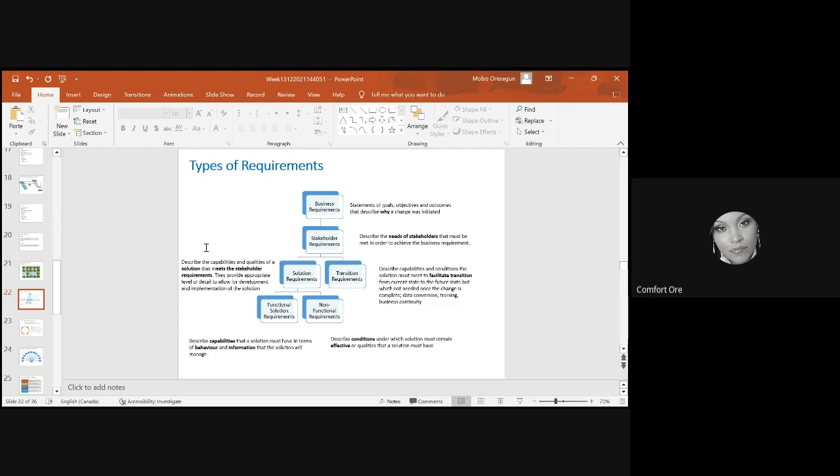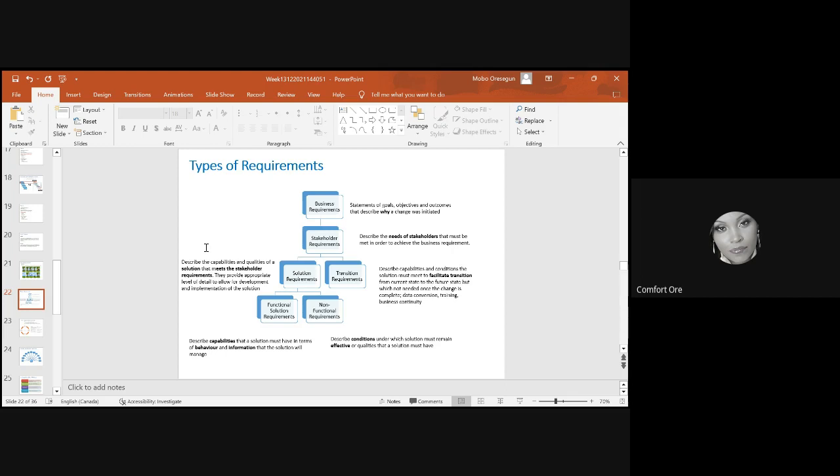However, you need to break them down into objectives. Objectives are measurable. They have a value to them. So the business requirement is where your why is going to come from, why a change is needed.